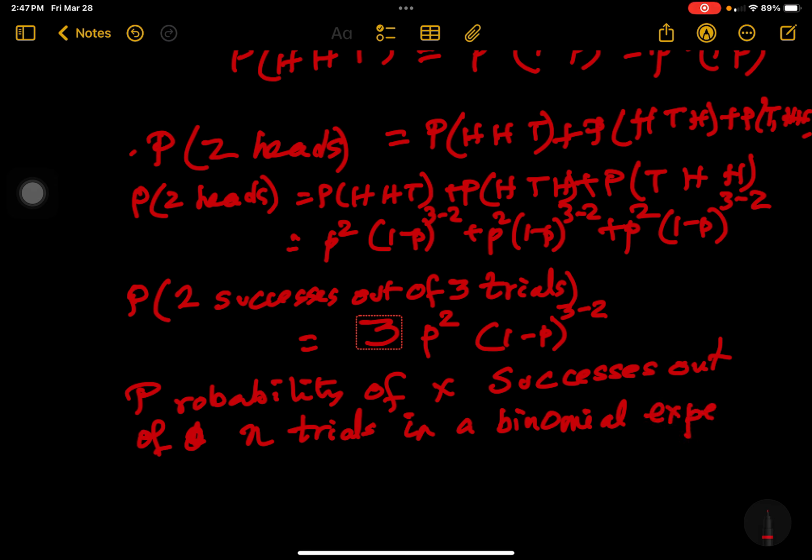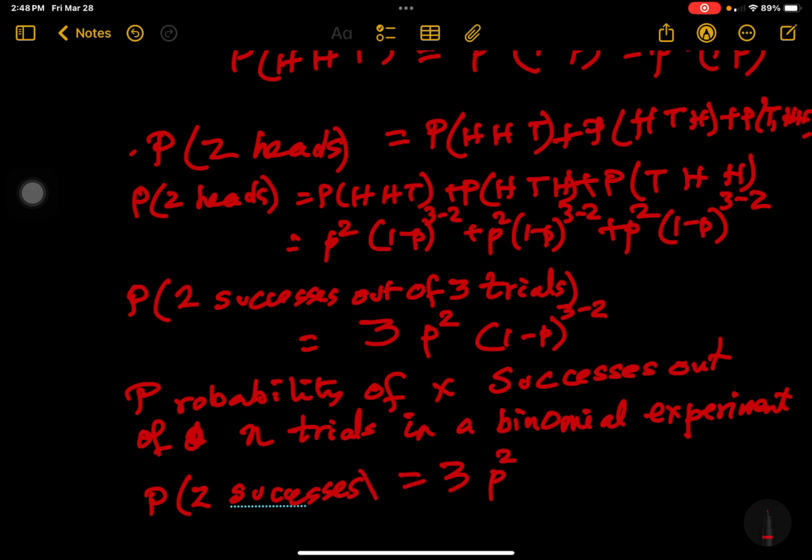Okay, now before we do that, let's clarify what this 3 is. So remember, the probability of 2 successes is 3 times p square times 1 minus p, exponent 3, total number of trials, minus number of successes, which is 2. So what is this 3?